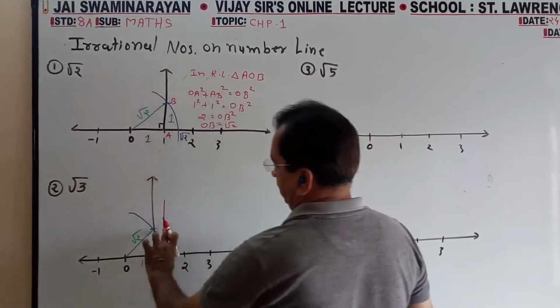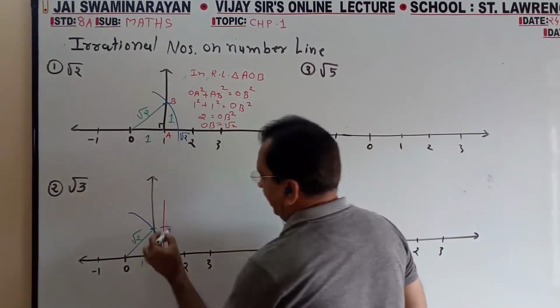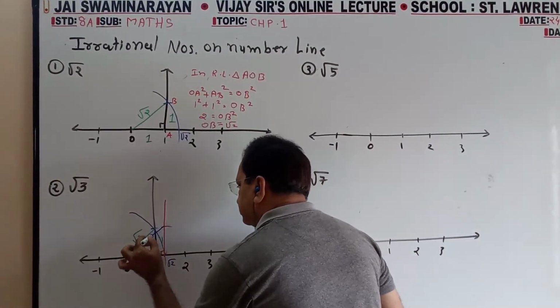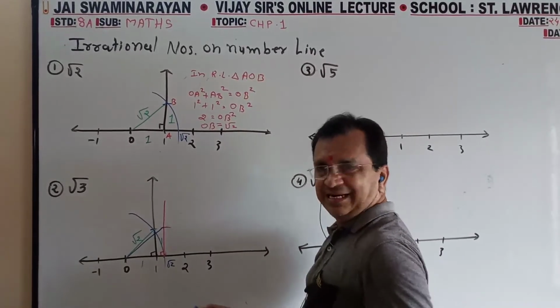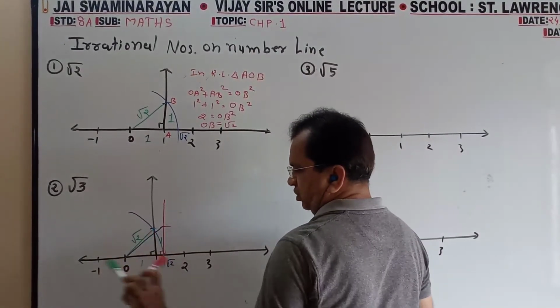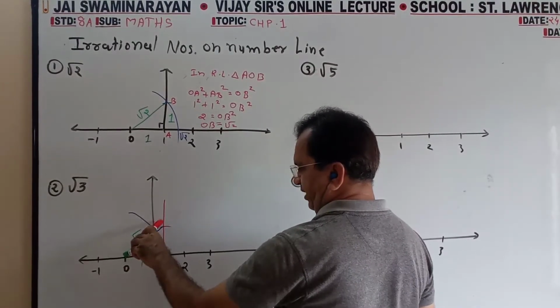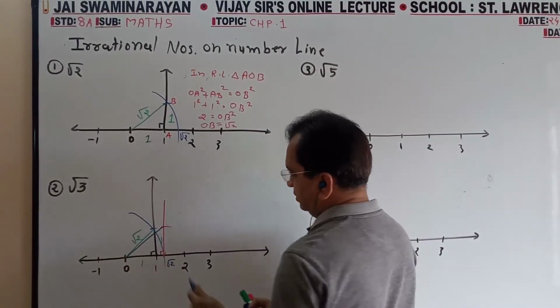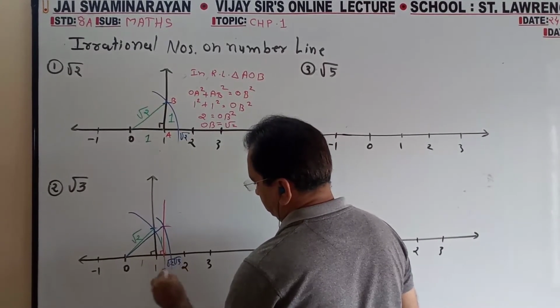Then again cut 3 centimeters. Then that top you have to join with 0. Now again, like a compass, metal point on 0, pencil point here, and do this. So this is root 3.